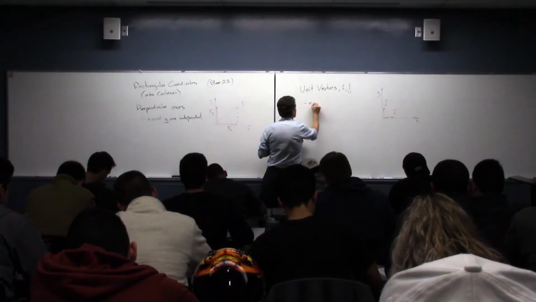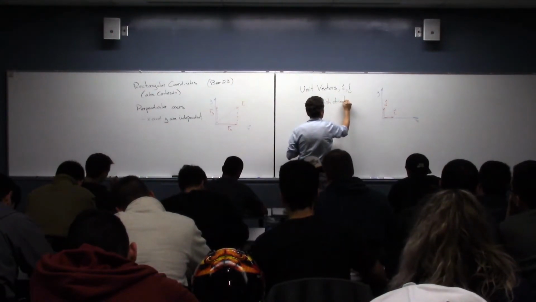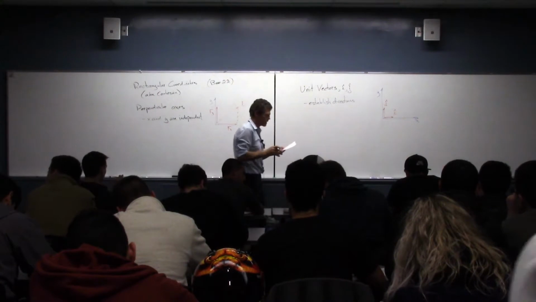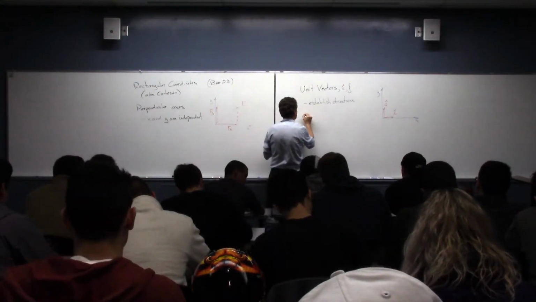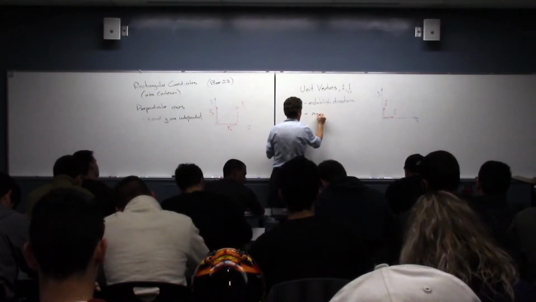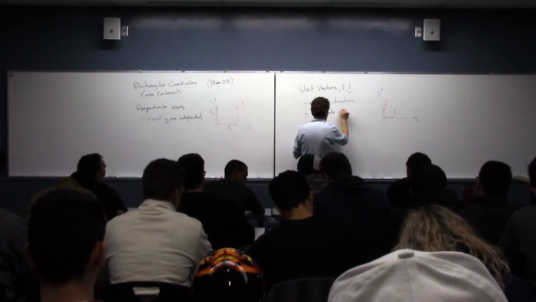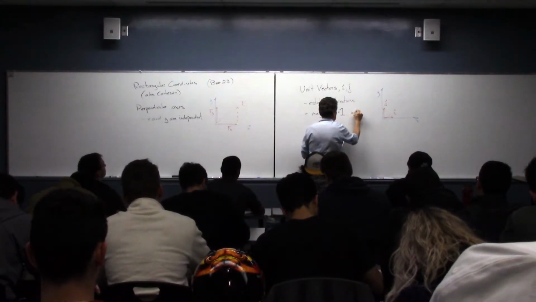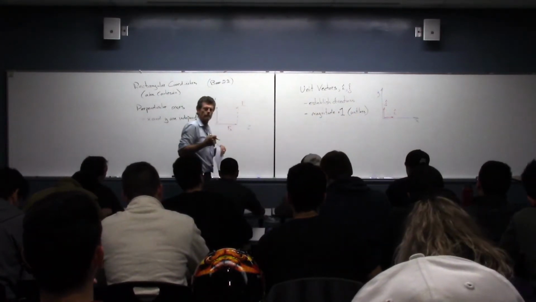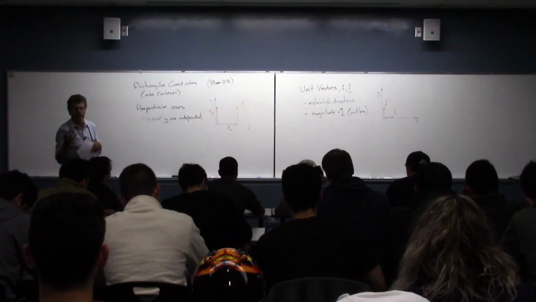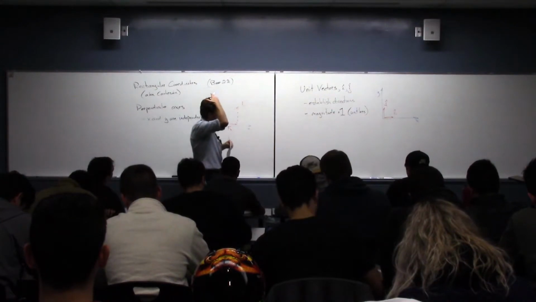We're going to use those for establishing directions, because the unit vector is a unitless value of 1. And the nice thing about 1 is when you multiply a number times 1, you get the number. So it's a magnitude of 1.